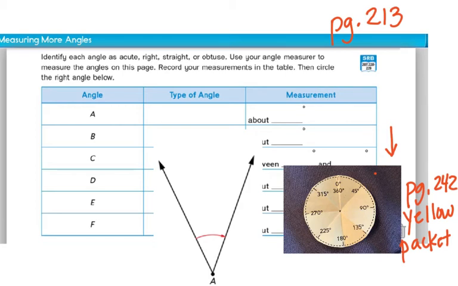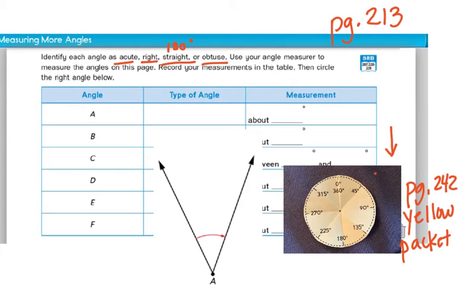Now, it says on journal page 213, identify each angle as acute, right, straight, or obtuse. And I didn't talk about a straight angle, but a straight angle measures 180 degrees and it's a line. Use your angle measurer to measure the angles on this page. Record your measurement in the table, then circle the right angle below.